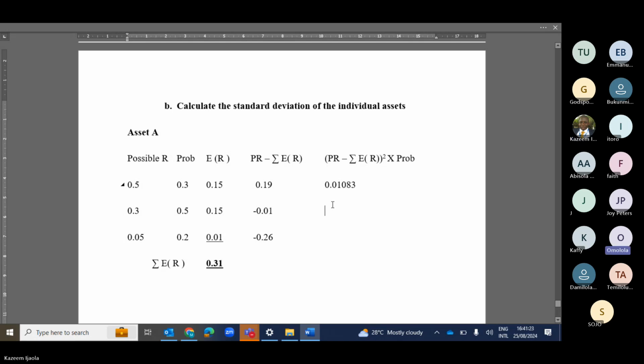Minus 0.01 raised to power 2, times 0.3. Is it 0.3? It's the probability. Okay. Do you understand why I use 0.5, Abby? Yeah, it is the probability multiplied by probability.